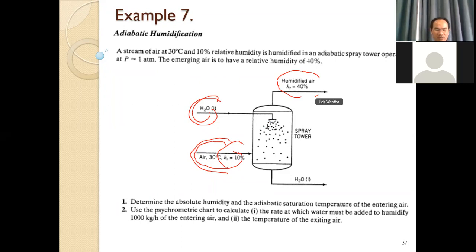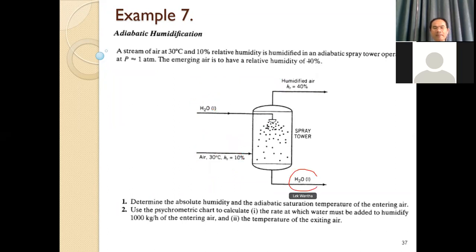The outlet air should be higher in water content, from 10% to 40%, and then you get the liquid outlet. We have only two components, air and water. In air, we have dry air and water vapor.